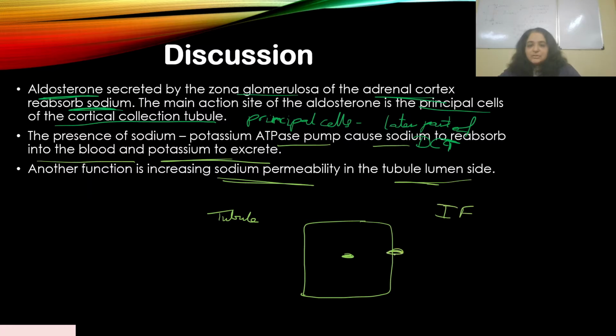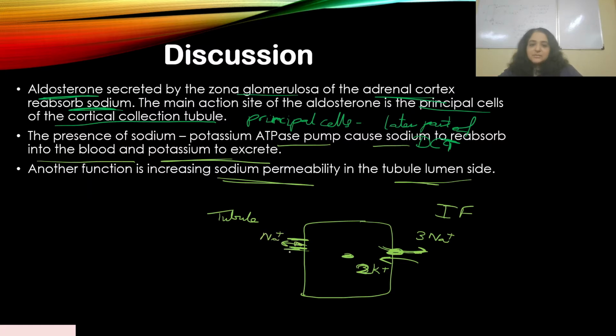So you have a pump over here. Now what we have to do is reabsorb sodium, right? So the sodium potassium ATPase pump, what does it do? It kicks out 3 sodium ions and pulls in 2 potassium ions. On top of that, it makes this tubular side permeable to sodium ions.